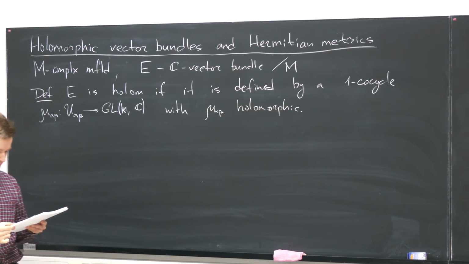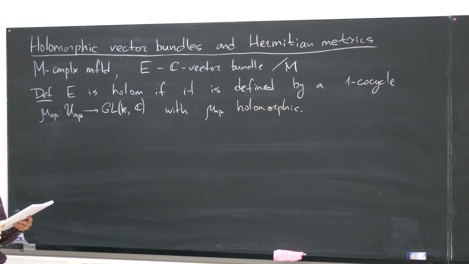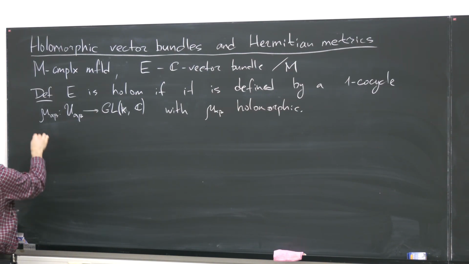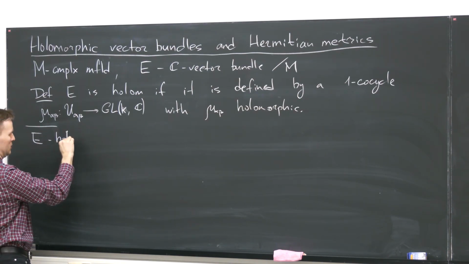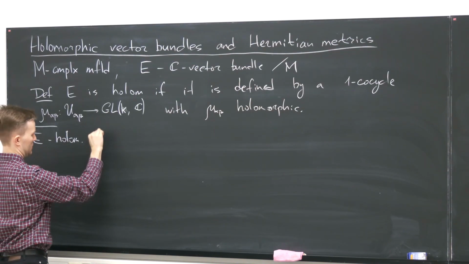Let's take some section over some open subset. So E is a holomorphic vector bundle.